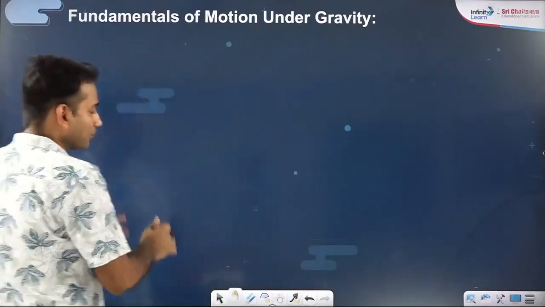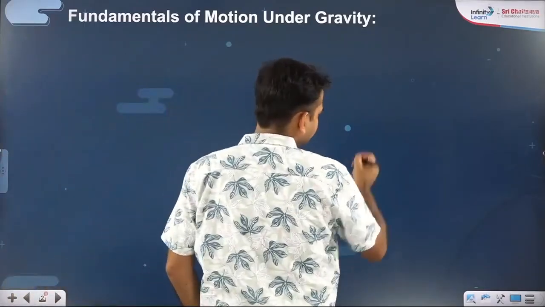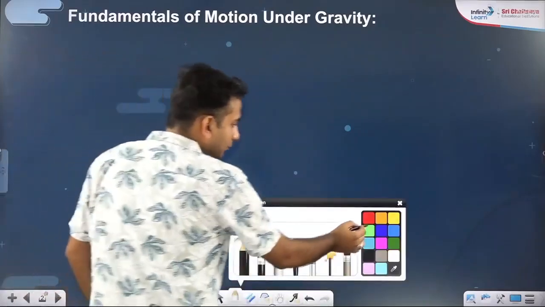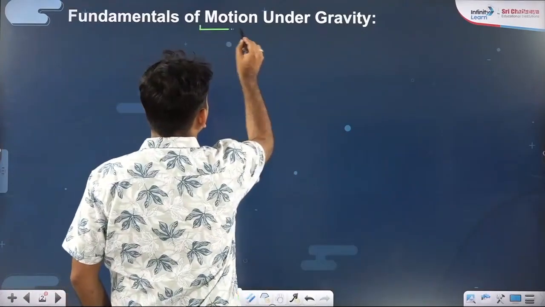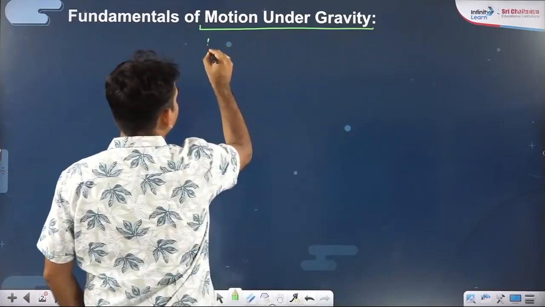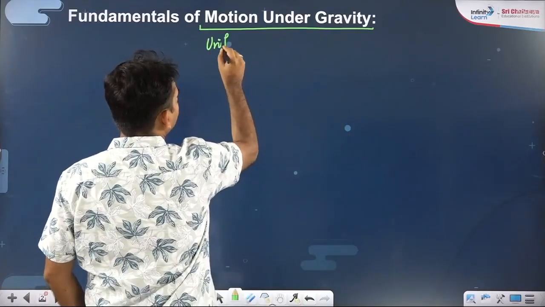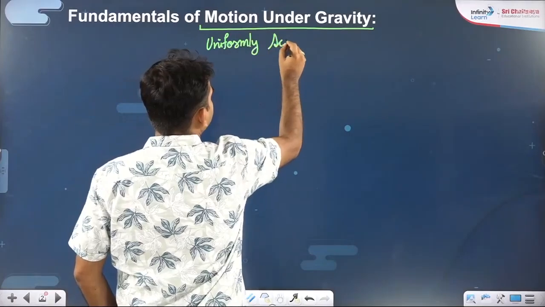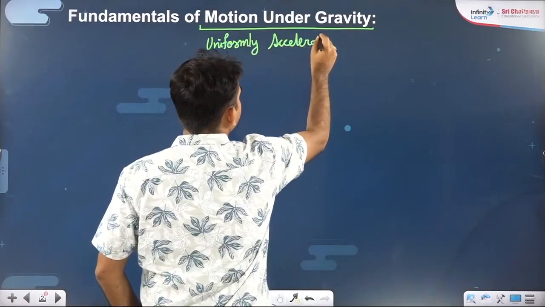Motion under gravity fundamentals. I'll start with the case studies first of all. It's a type of uniformly accelerated motion.